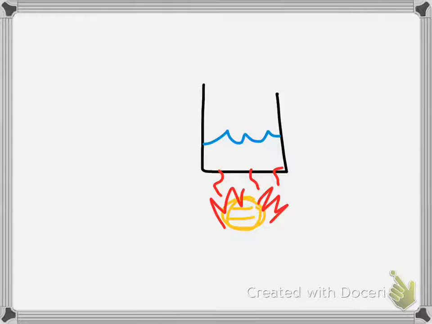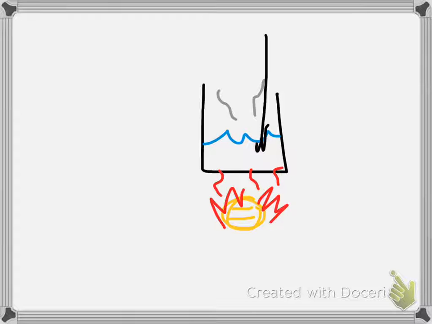So the water is going to become a little hotter, probably not hot enough to produce steam, but it might. We'll see how much energy our food has. Then we're going to have a thermometer, and we are going to measure the temperature of the water.